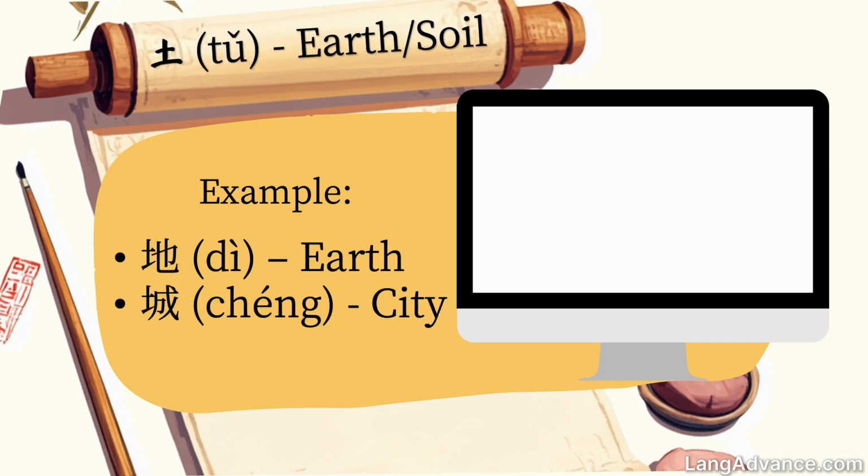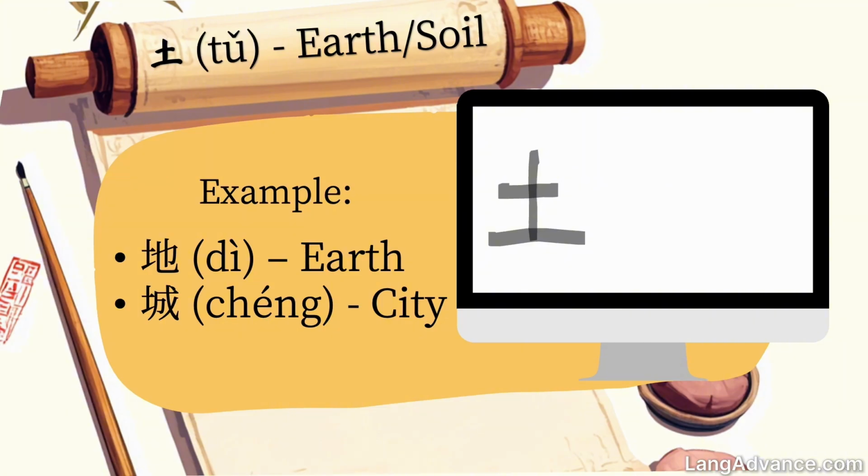And we have the 土, which is earth or soil or ground. Anything that has to do with the earth, the soil, the ground, or even location will have the word 土 somewhere in the character.